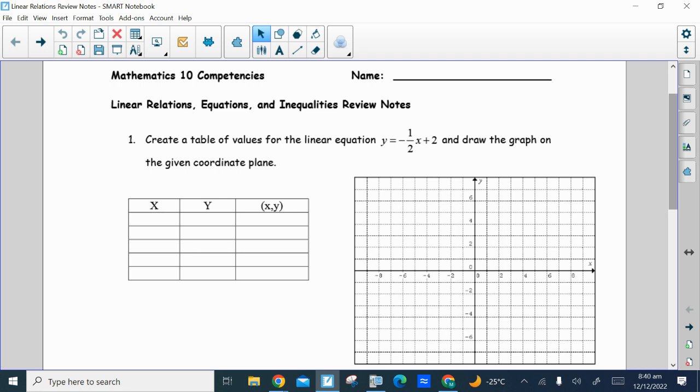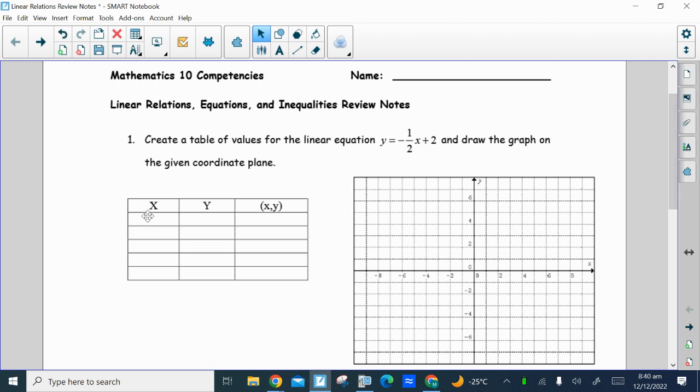So I might choose values like, let's say, negative 4 as my first value for x. And then maybe negative 2, and then maybe 0, and then maybe positive 2 and positive 4. I'm choosing even values of x to start with so that it's easy to take half of them, actually negative 1/2.